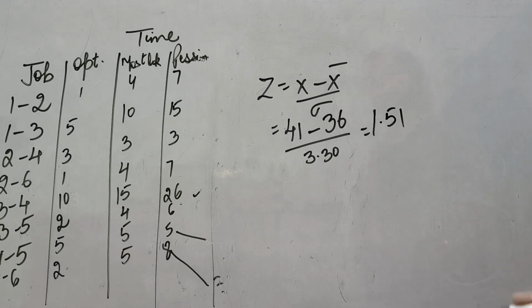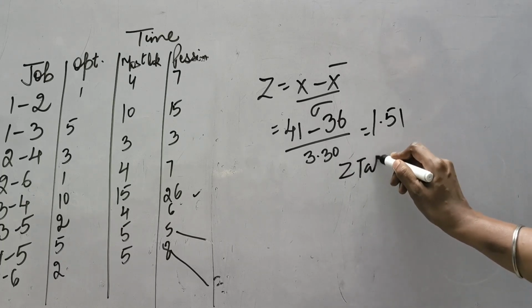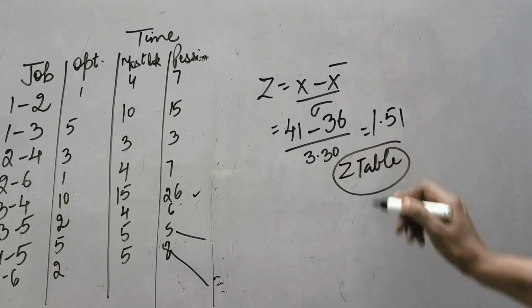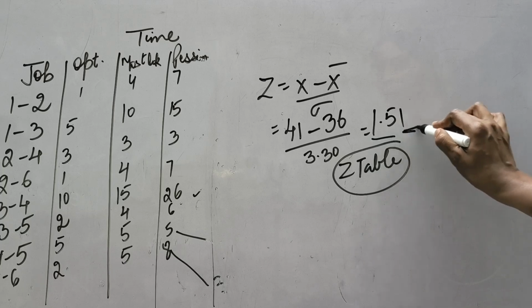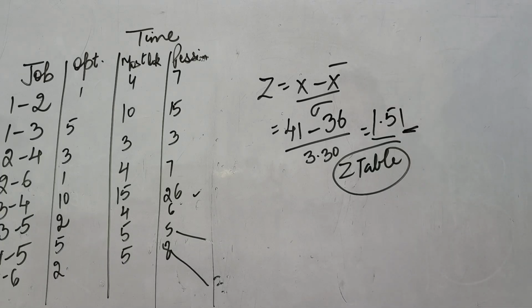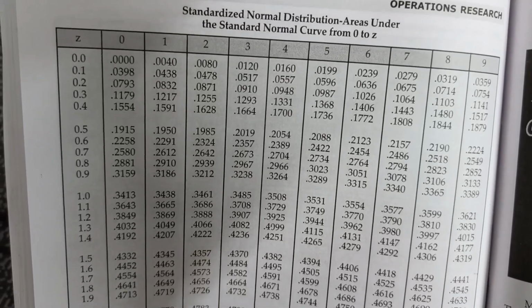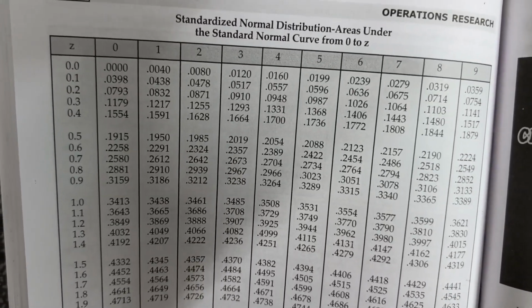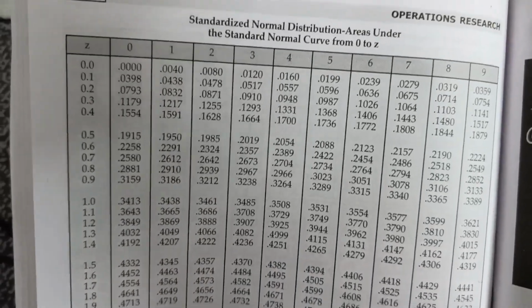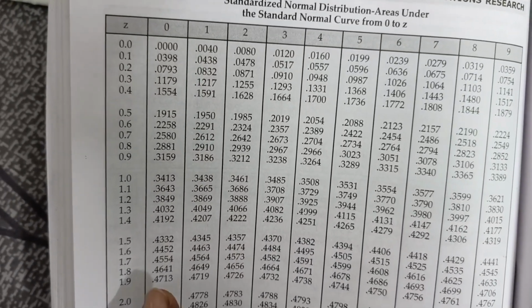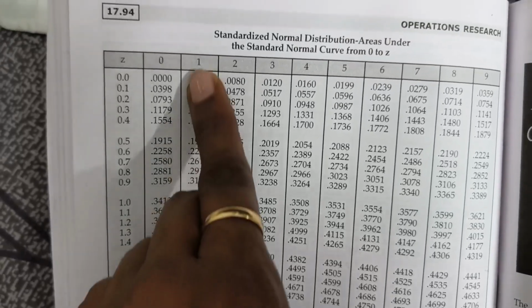Now you have to see the Z table given at the end of your books. Probability Z tables will be given and you have to see the value of 1.5 under 1. Just look at those tables. So this is how the table will look. Just see the value of 1.5 under 1. If we look at the table over here, this is the 1.5 and from above, 1.